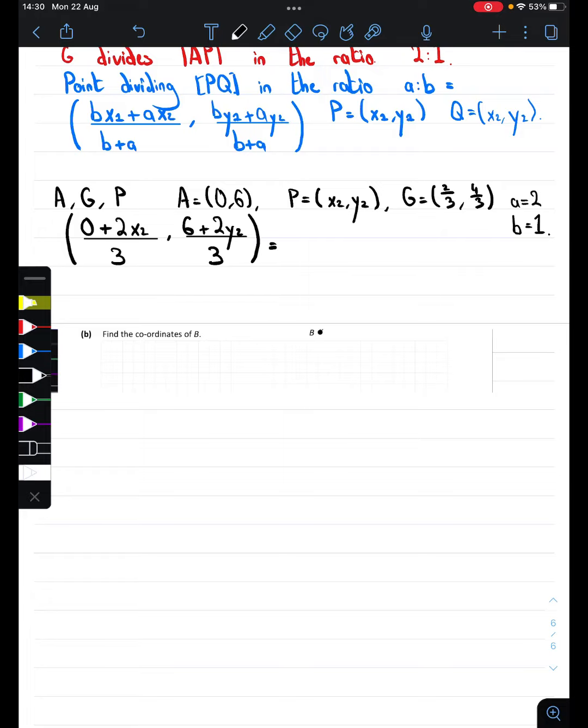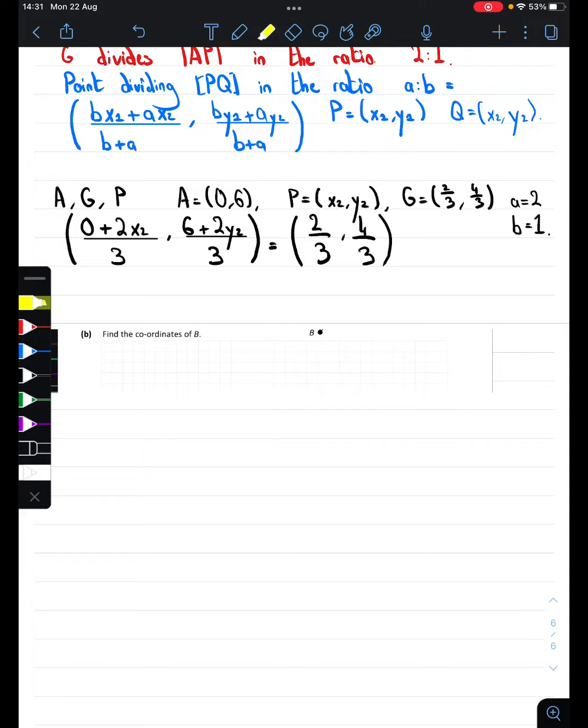So this is the point that divides A and P into the ratio 2 to 1. But we know that this is just G, which is (2/3, 4/3).